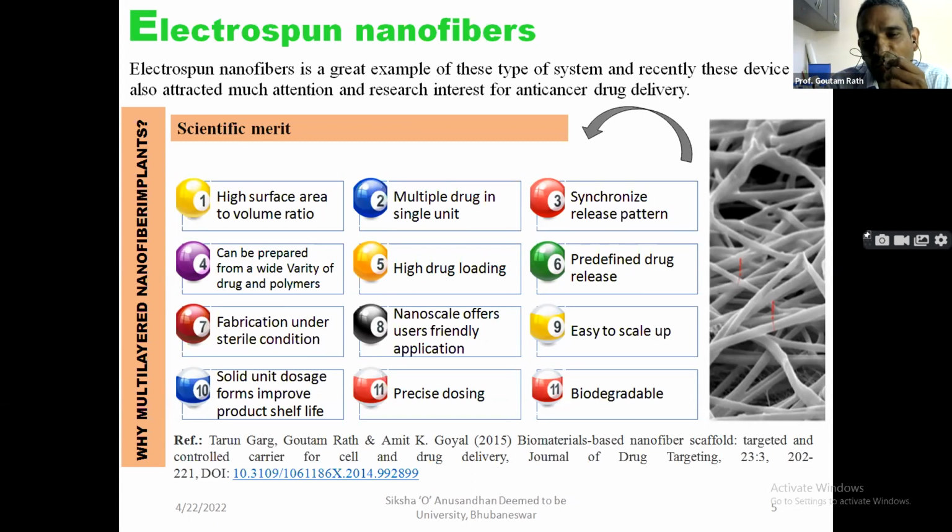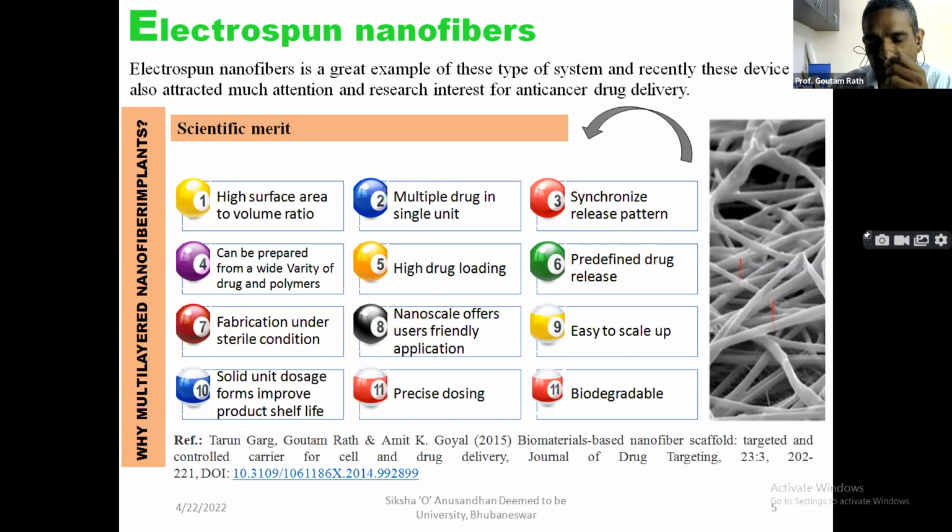Nanofiber has the potential to make the drug more soluble, because during the manufacturing, there is an instant solidification of the liquid jet.